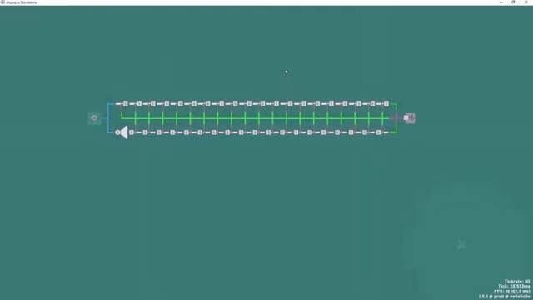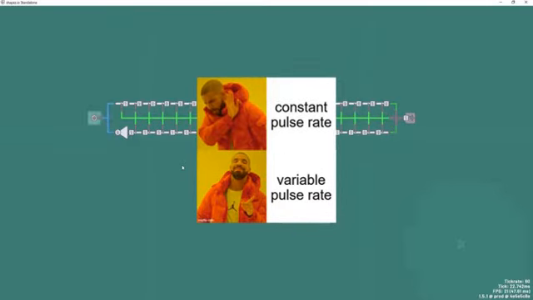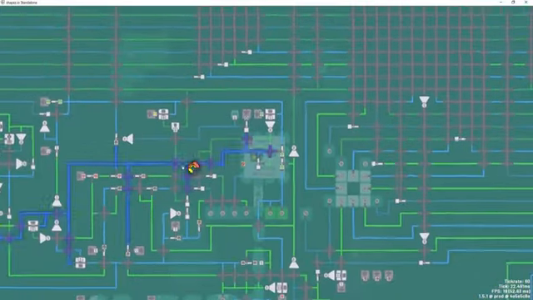So the shape candidates that took the longest to travel from A to Z would determine the frequency of my pulsating module, right? Unless, that is, I could find a way to make a variable adaptive pulse rate instead of a constant one. Aha! Let's have a look.